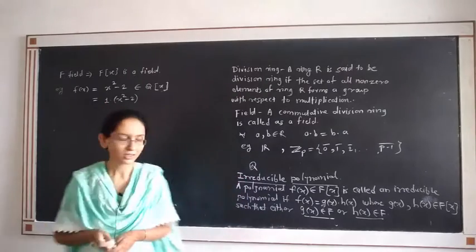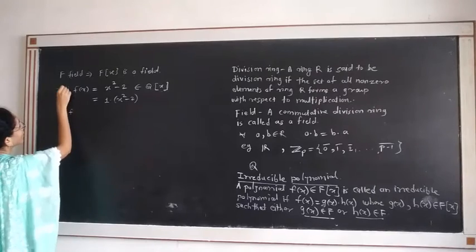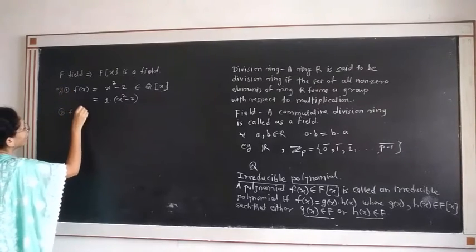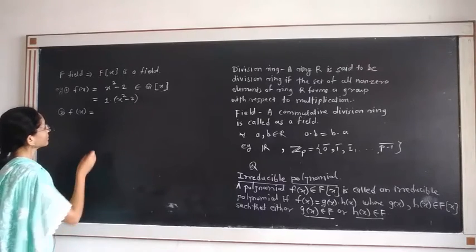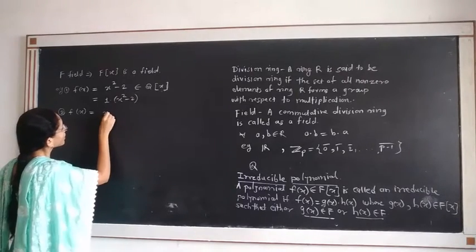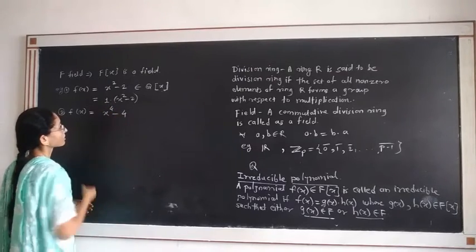Now, consider another example of a polynomial. If you consider f(x) is equal to x raised to 4 minus 4.